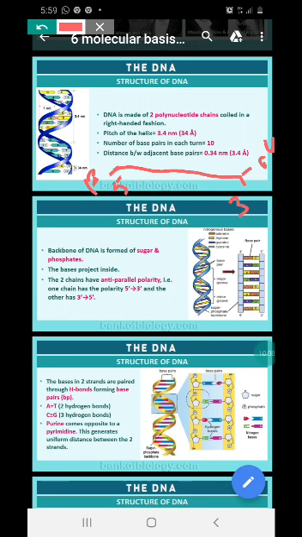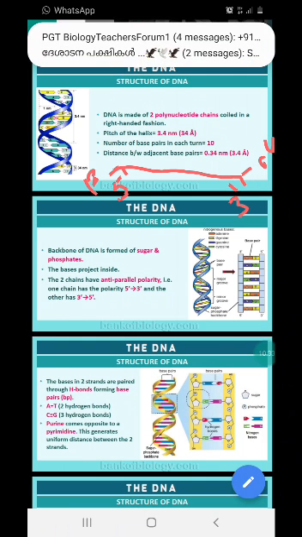Okay, right? So we also call it the polarity, or 5 prime and 3 prime, of the polynucleotide chain. What is the polarity, children? We call it 5 dash 3 dash or 3 dash 5 dash.